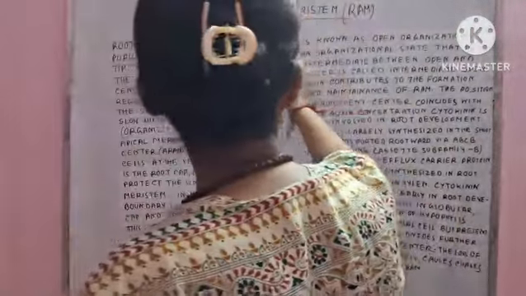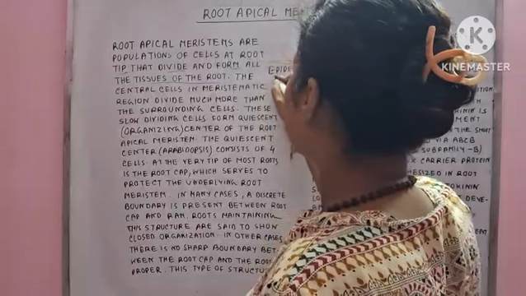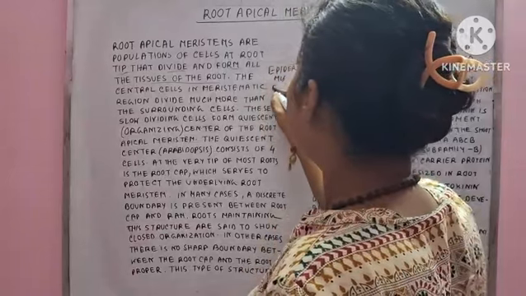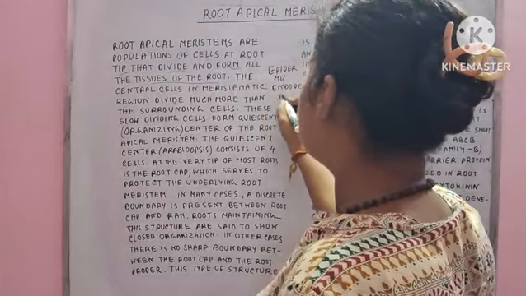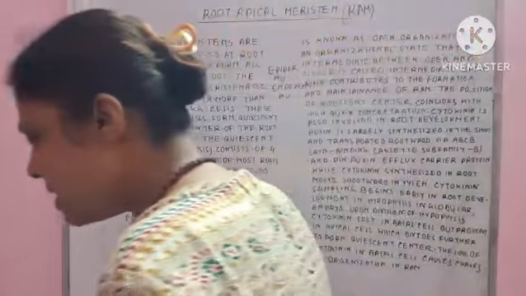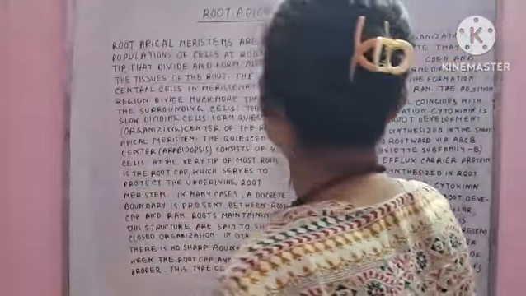First one is the epidermis. Second, endodermis. Third one is the lateral root cap.